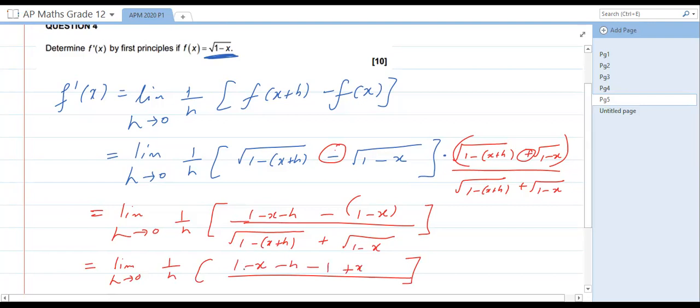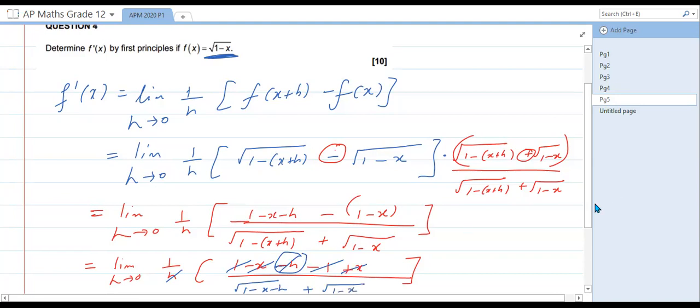For the top, the minus x and the plus x cancel out, the plus 1 and the minus 1 cancel out, and the h and that h also cancel out, because all we are left with is minus 1. So the h and the h cancel out, and we're still left with a negative, over the square root of 1 minus x minus h plus the square root of 1 minus x.